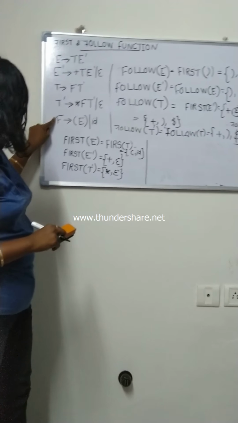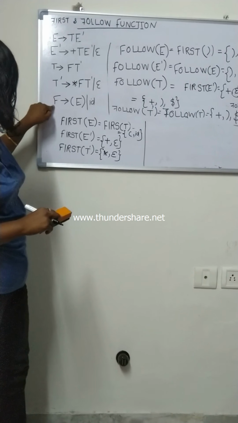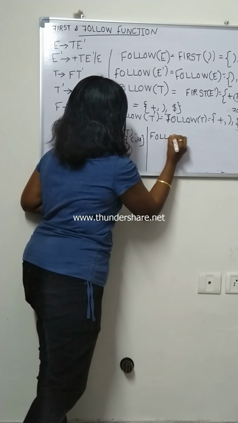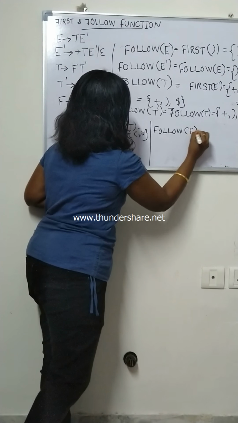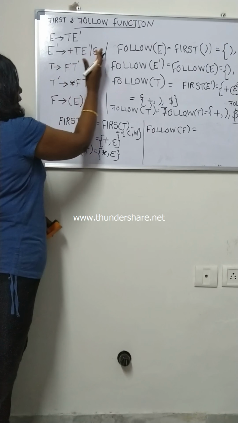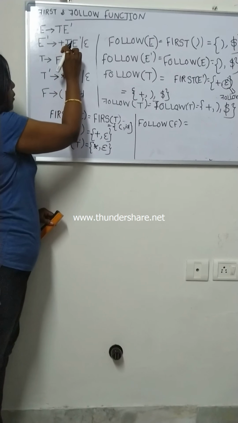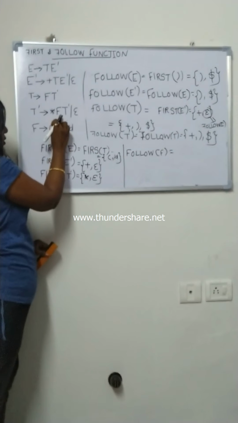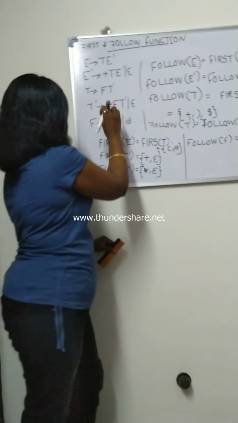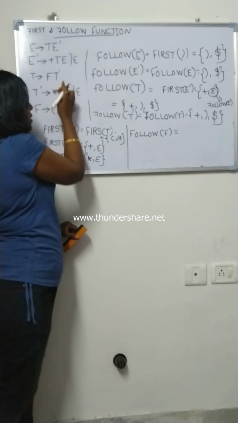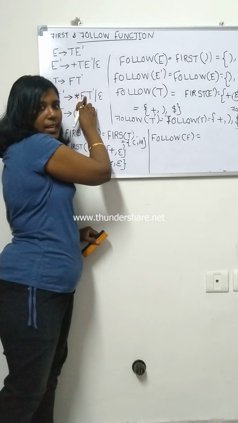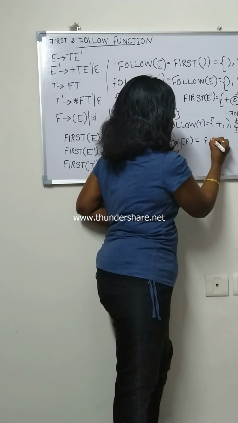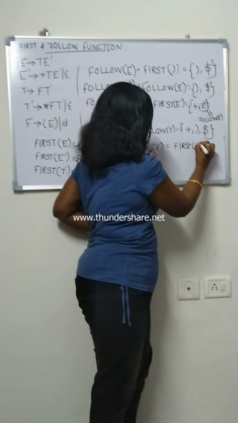Now we have one more non-terminal, F. You want to find follow of F. See this side, is there any F? Coming to the fourth production, we have F T dash, and we have one more production with F T dash. So followed by F, T dash is there in both. So I am writing first of T dash.